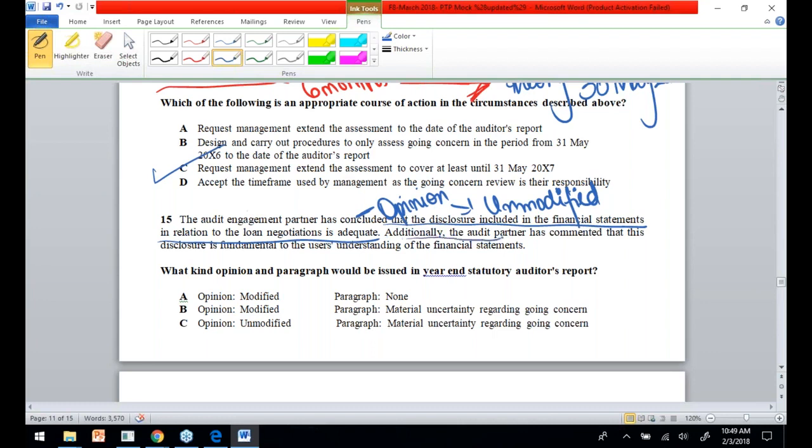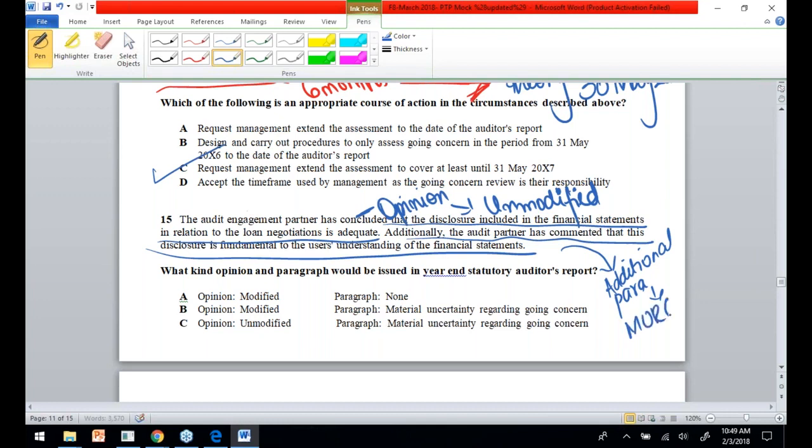Additionally, the audit partner has commented that disclosure is fundamental to the user's understanding of financial statements, which means opinion would be unmodified. But if going concern is uncertain, an additional paragraph needs to be added, which would be MURGC, material uncertainty regarding going concern.